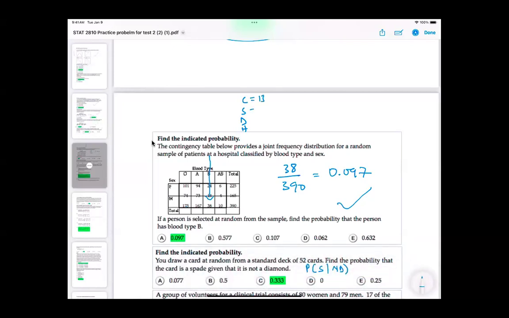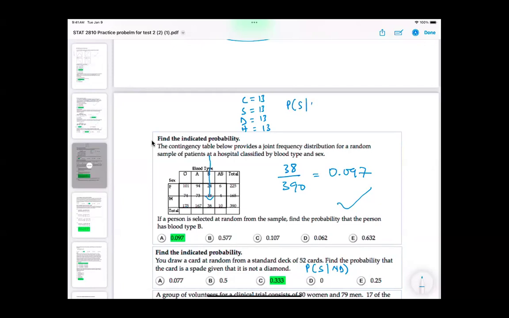13. Spades, diamond, and then hearts, 13. Is that okay? Good. And so if you are looking for the probability of spade, given that it is not diamond, this is the probability of what?